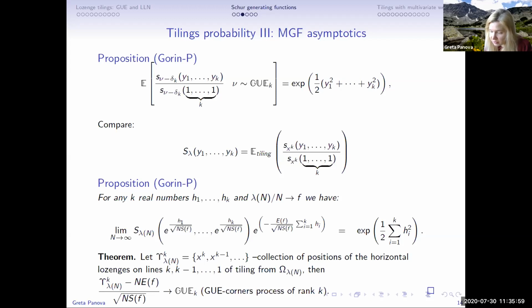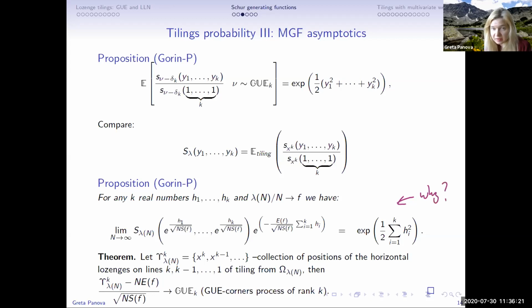Okay, so this is about the GOE. So this here is going to come in a moment. I will explain why we can do this asymptotics in a little bit.